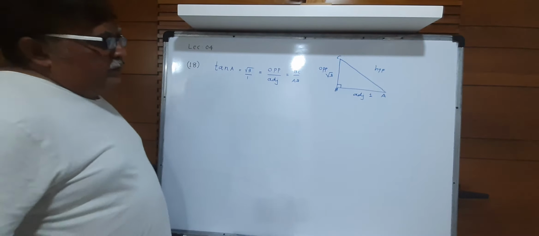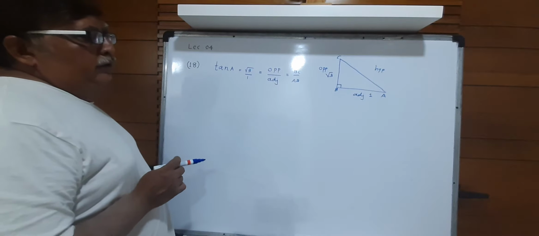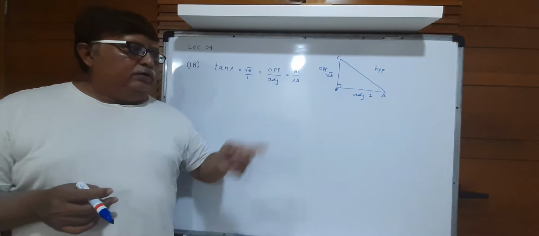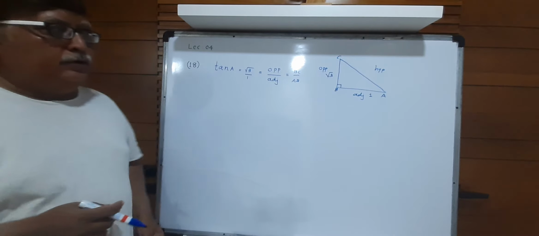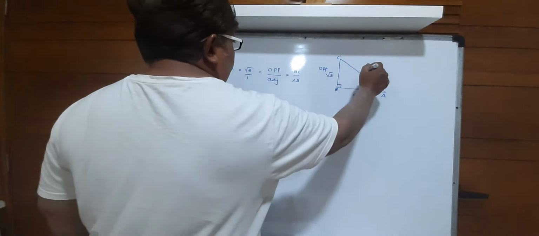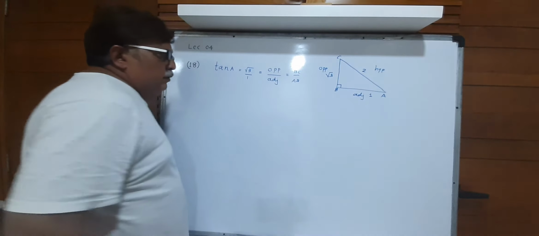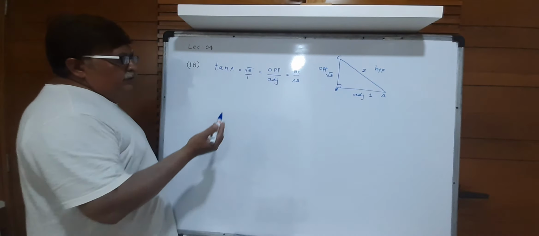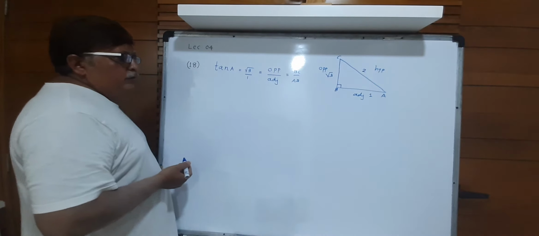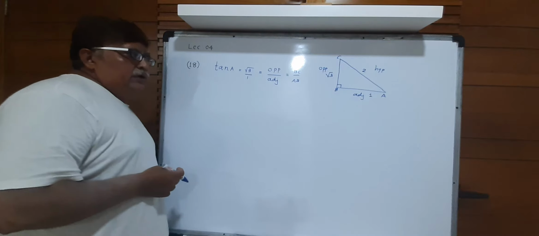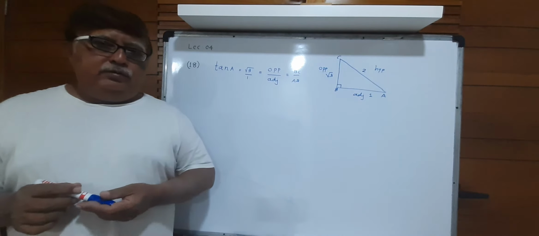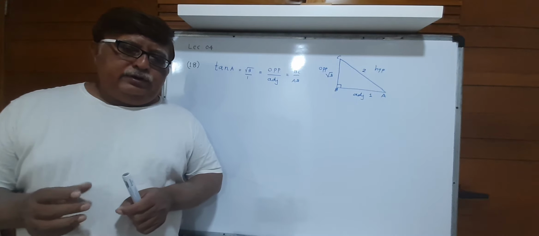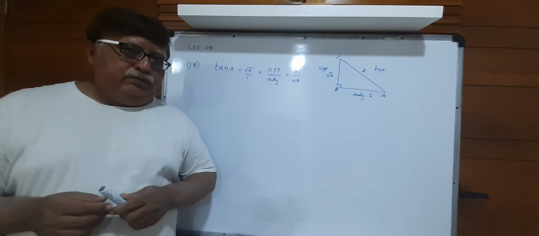Now dear student, I am not applying the Pythagoras theorem, but if you apply it, you will get AC as 2. Now let us find all trigonometric ratios, and my personal guidance is always develop the habit of finding all trigonometric ratios, though there is no demand for it.